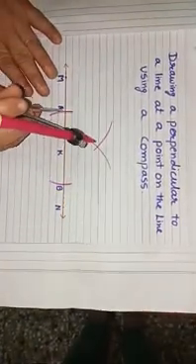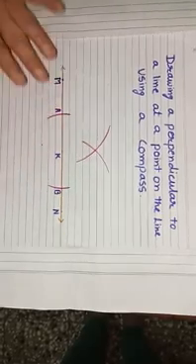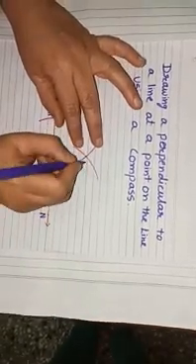Thus we get the point of intersection of the two arcs. Now students, you have to mark this point of intersection as point T.